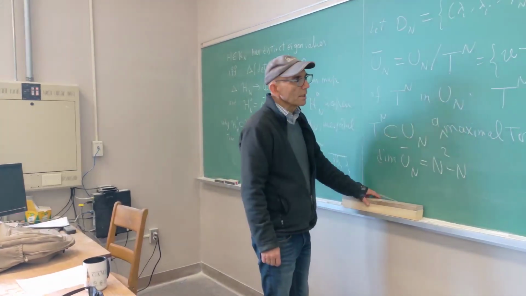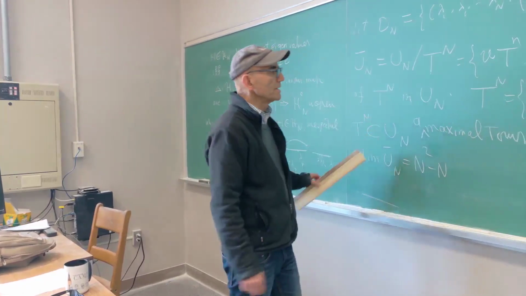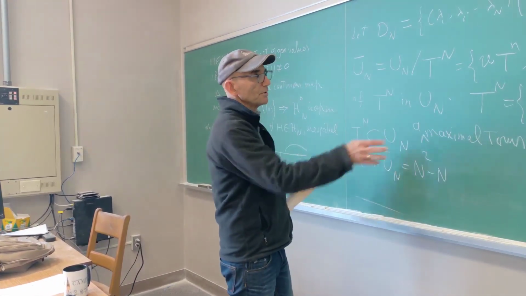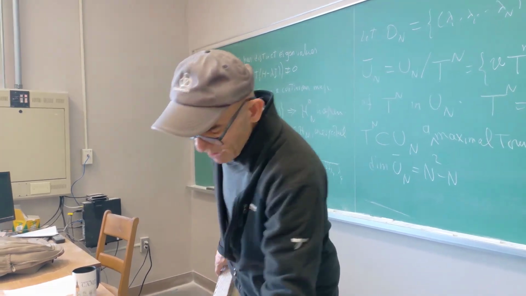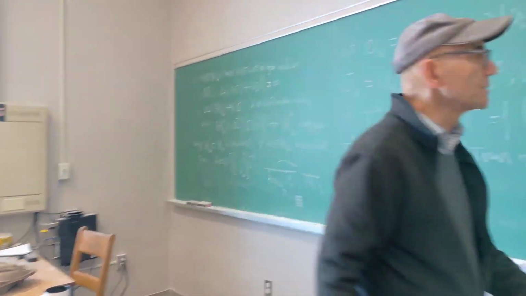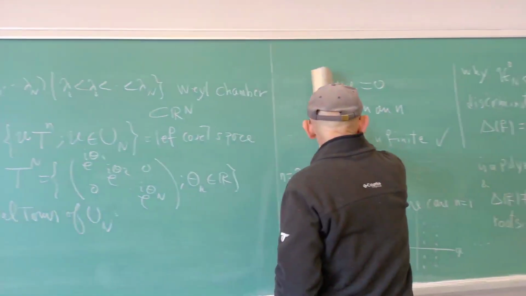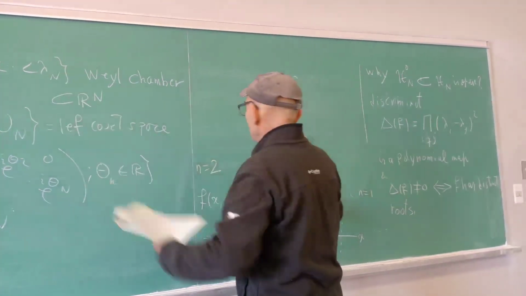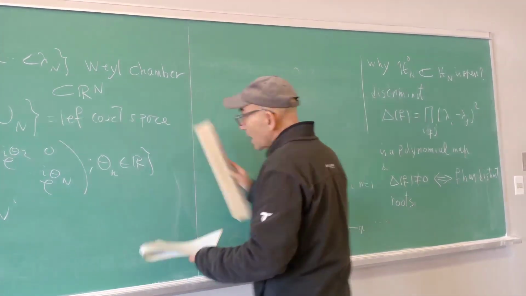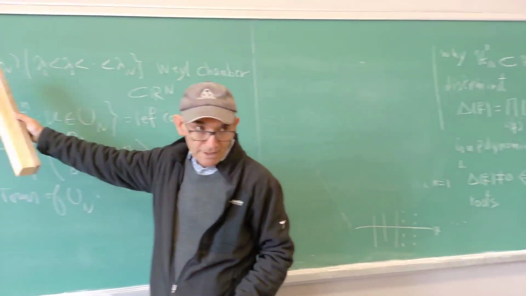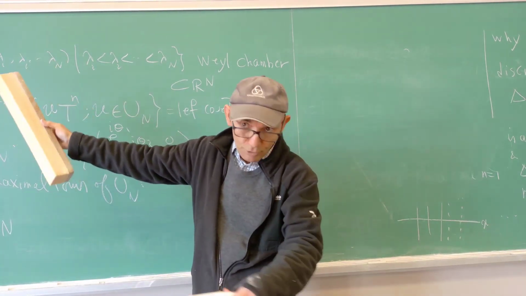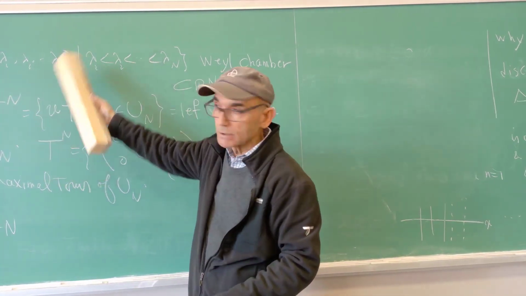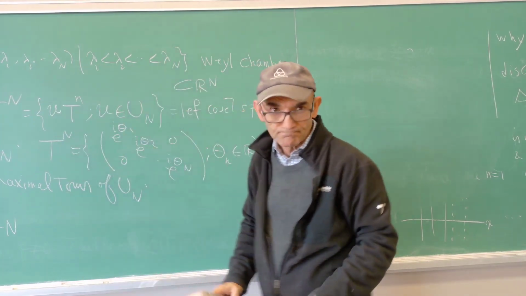Okay, so now you will see why we need all this, in particular this T_n and all that, because we want to study now a map which reduces everything to the eigenvalue space, basically. The Weyl chamber, we're going to see it as the space of eigenvalues ordered, for example, in increasing order in this case.